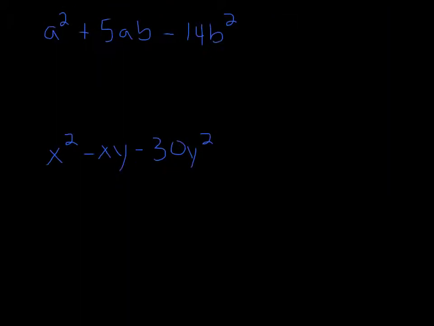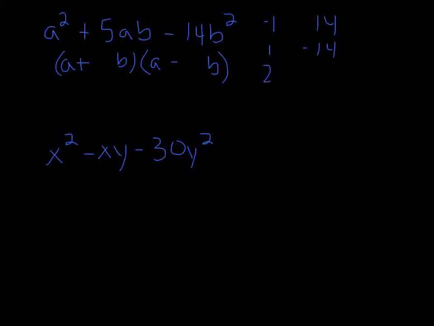Let's keep going. Next one: a squared plus 5ab minus 14b squared. So we know we have a's in the beginning, we know we have b's in the end, and we know we've got a positive and a negative because it's going to multiply to be a negative. So for 14, we have 1, negative 1 and 14, 1 and negative 14, negative 2 and 7, 2 and negative 7, and that's about it.